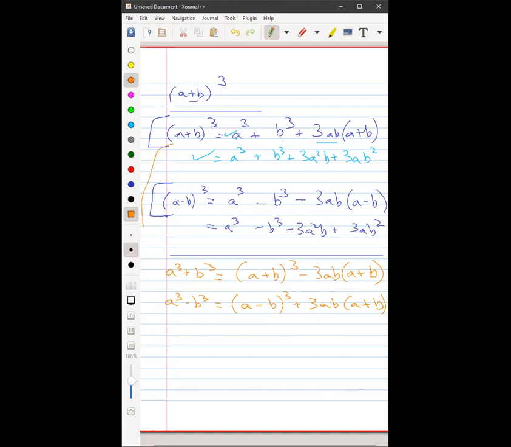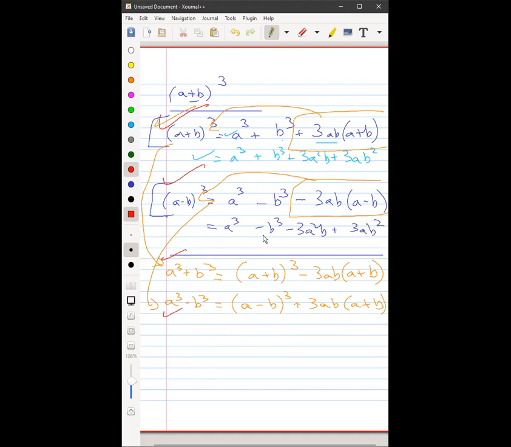I got this from here and this one from here, just transposing it to the other side. Here plus 3ab went to the other side, here minus 3ab went to the other side. So this is the relationship between (a plus b), ab, a cube plus b cube and a cube minus b cube. These identities you'll have to learn. This one, this one, this one, and this one. This is derivation, but learn it.